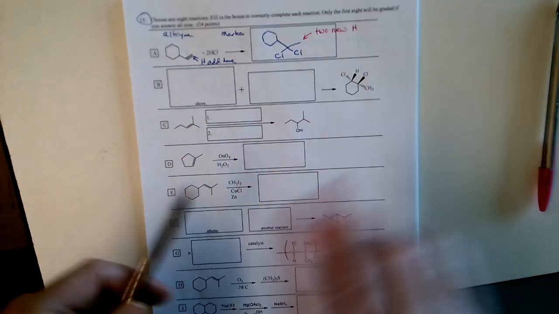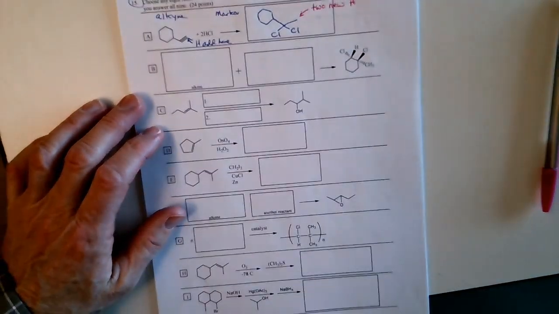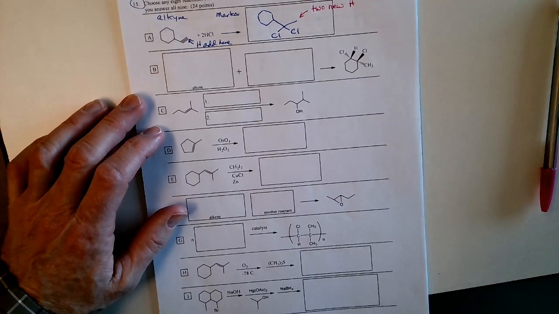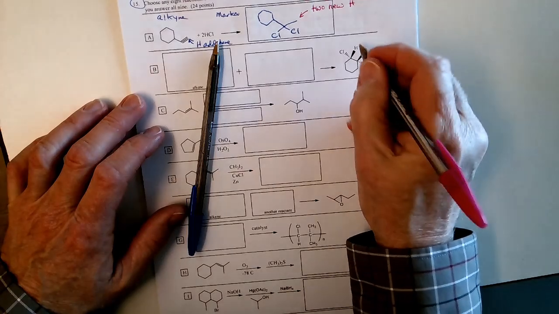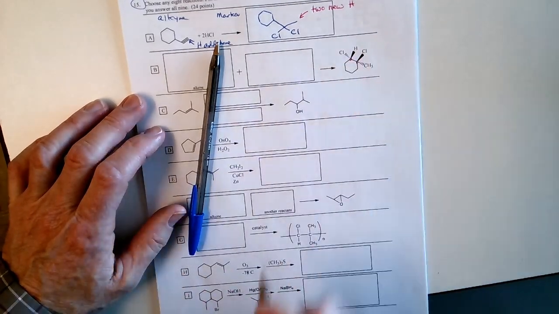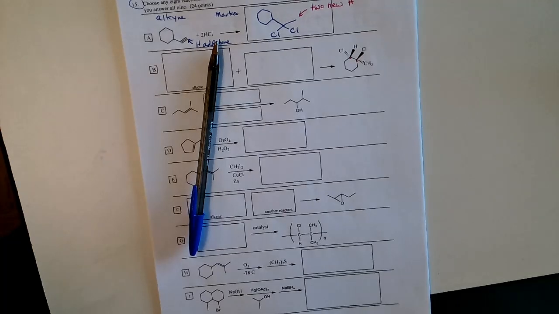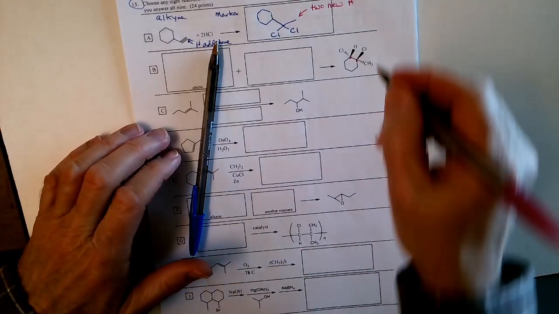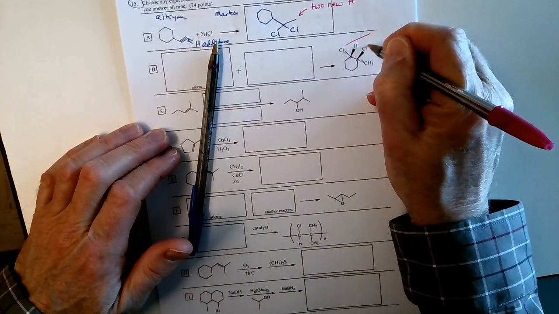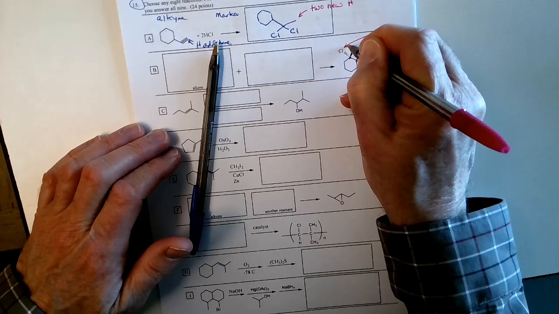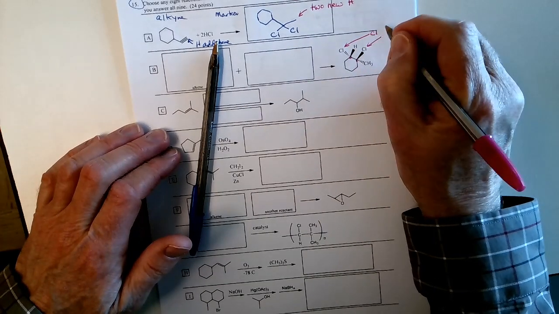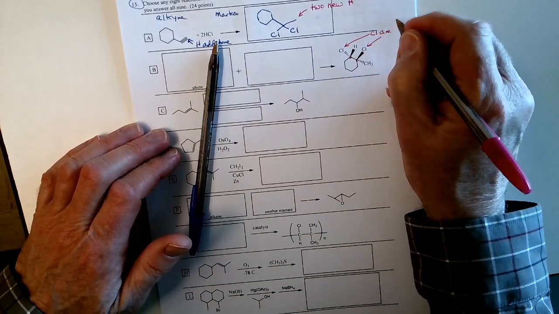Get it nailed down. Okay, the next one tells us to start with an alkene and add something to it. It sure looks like the site of the action was right there. And there are several things that look like they could have come and sat on an alkene to get there, but I would hope that the main thing that would stand out to you is these 2 chlorines right here and the fact that they are trans to each other.